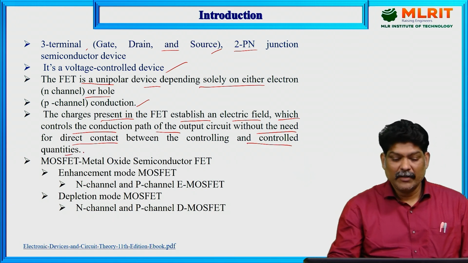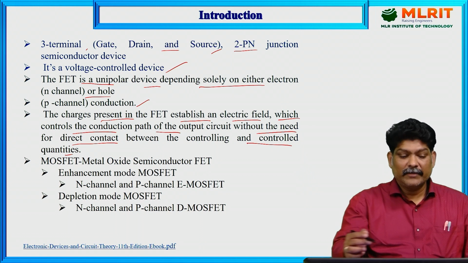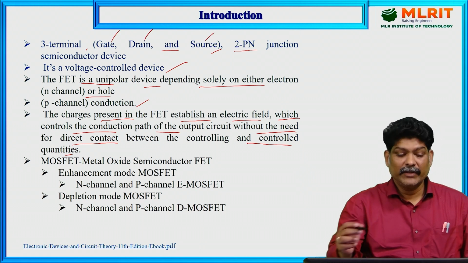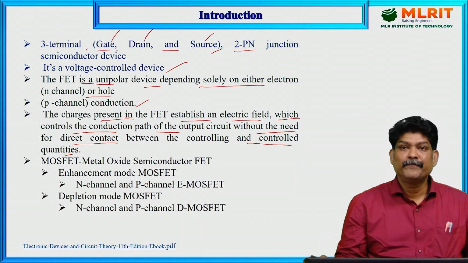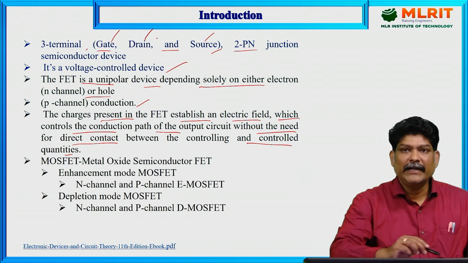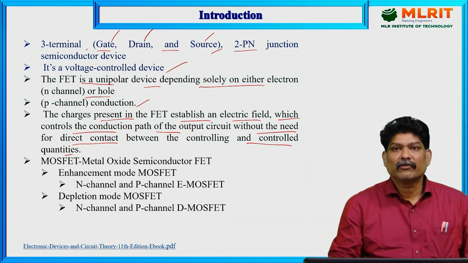Here, of the 3 terminals gate, drain and source, the gate voltage is the controlling parameter and the drain current ID, the output current, is the controlled quantity.